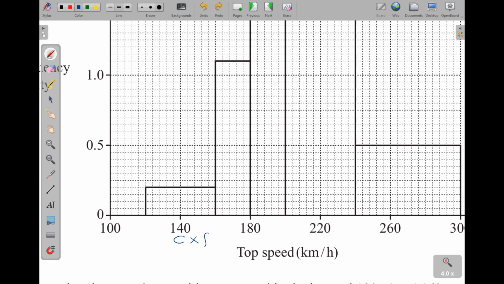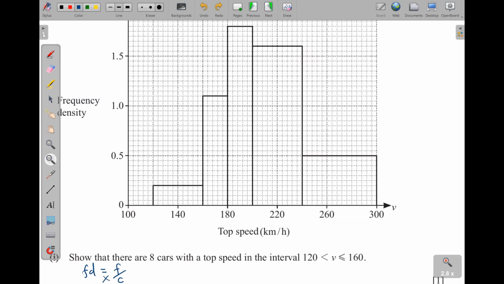Okay, so what am I therefore going to have here? So they say that show that there are 8 cars with the top speed in the interval 120 to 160. Where is 120 to 160? This is exactly the one here. So how many small boxes do we see here? This is 1, 2, 3, 4, 5, 6, 7, 8, 9, 10.